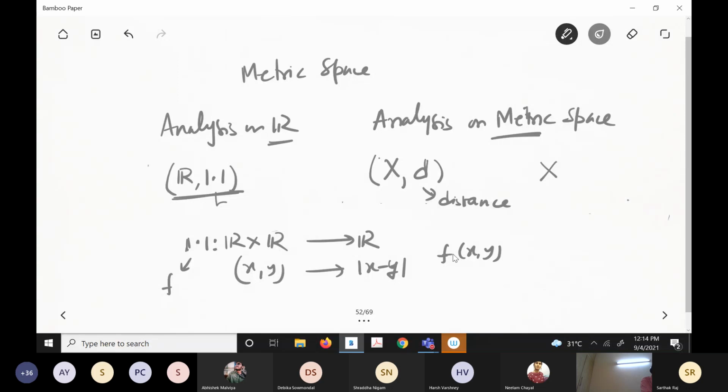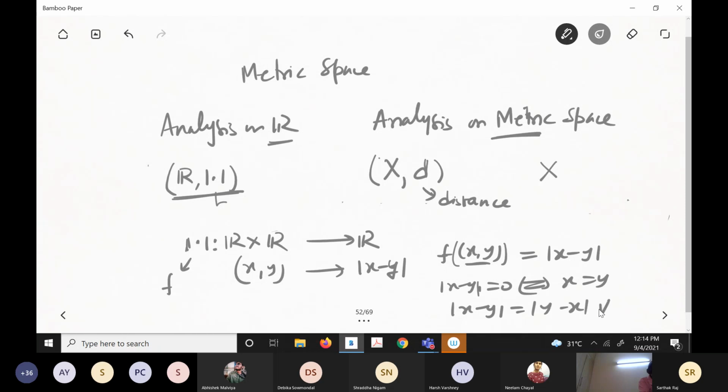Actually there should be 2 brackets, but we do not use them because it is a function of only this point, and you are taking x minus y. Understood? So you have this function from R cross R, which was satisfying this: it is 0 if and only if x equals y, and x minus y equals y minus x for all x, y. And finally, the triangle inequality.